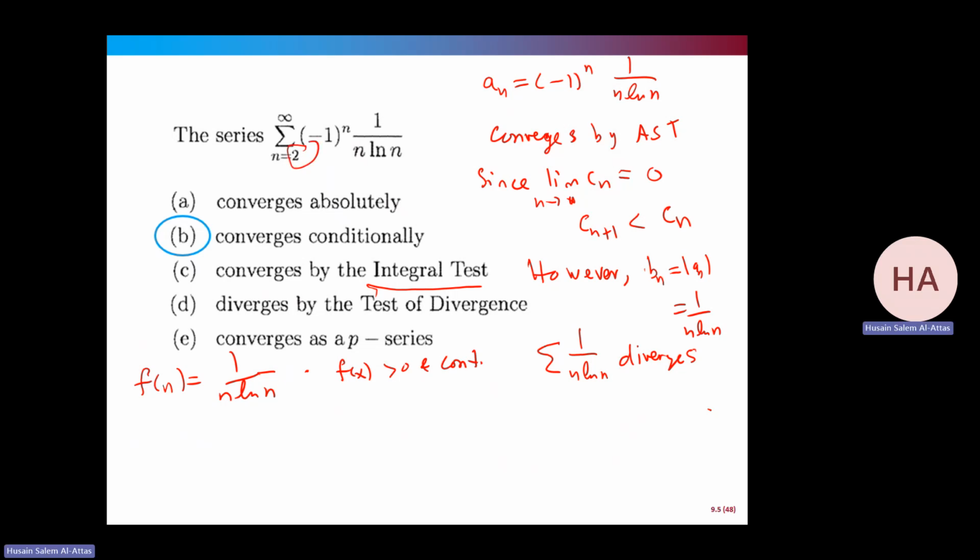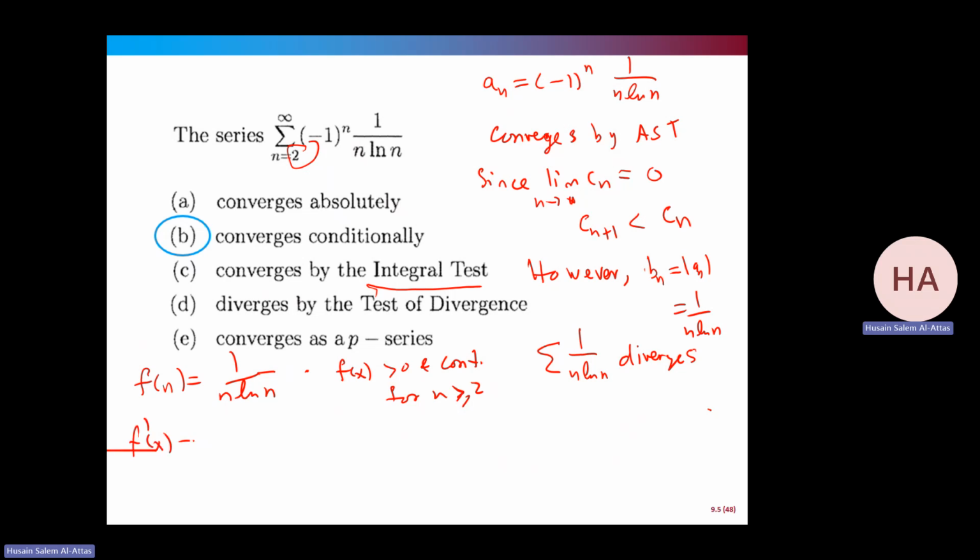And it is also decreasing, check. f'(x) will be what? I will leave it for you to check, it will be decreasing.